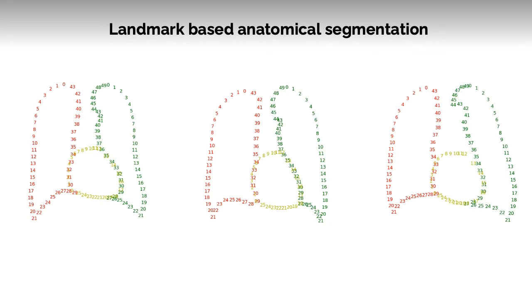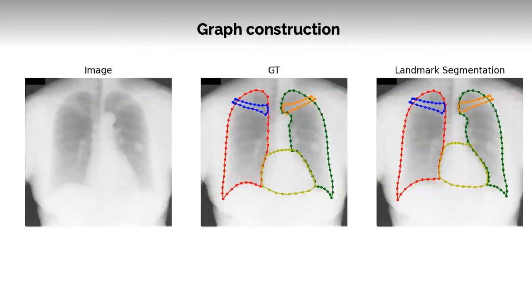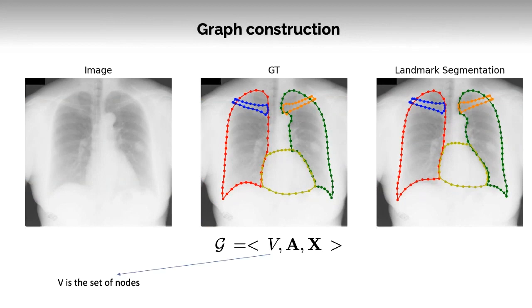I know that node 21 will always be positioned in this part, and node 0 will always be there. So if you have that, the idea is that we will construct a graph where V is the set of nodes, in this case simply the nodes that define the contour. A is going to be my adjacency matrix, which is also going to be the same for all the subjects, because it's basically just indicating whether two nodes are connected or not.